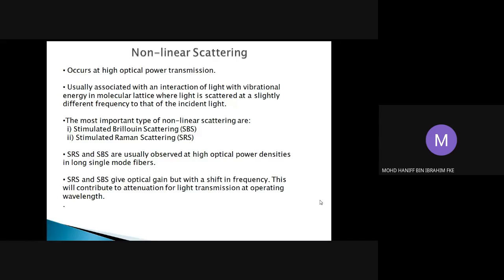I'm going to explain about single mode fibers later on. But for the time being, we agree that these nonlinear scatterings, SRS and SBS, very much affect single mode fiber, which is actually used for long distance transmission, because for long distance transmission, normally we are using laser as the optical source.